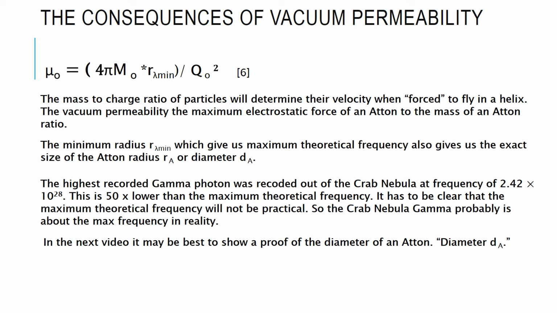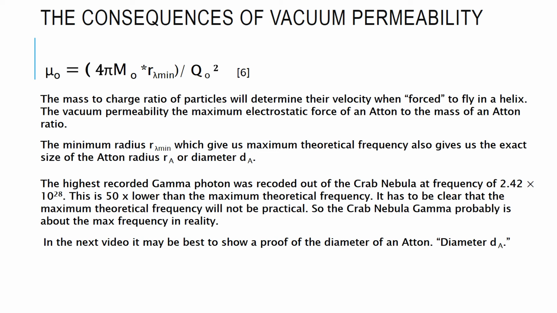That this result is correct, or very close to being correct, is shown by the fact that the highest recorded gamma photon was recorded out of the Crab Nebula at a frequency of 2.42 × 10 to the power of 28. And that's about 50 times smaller than the maximum theoretical frequency of this second electromagnetic wave photon, which is in reality a helix coil.